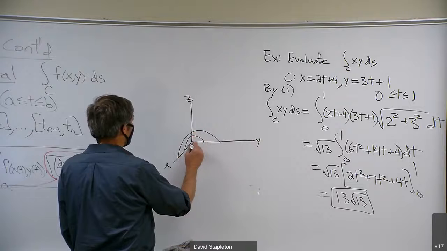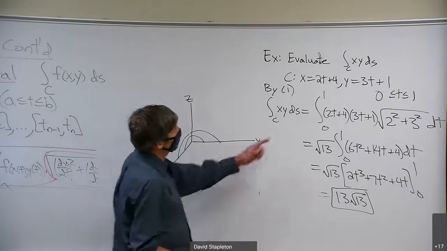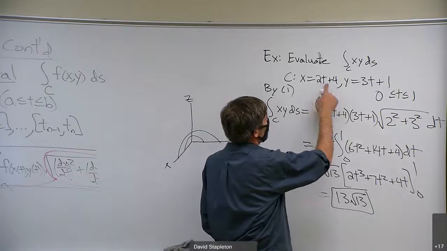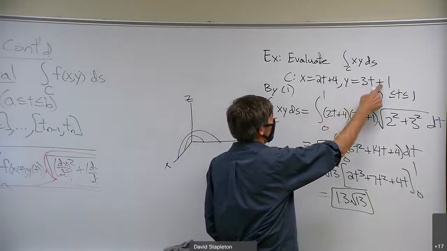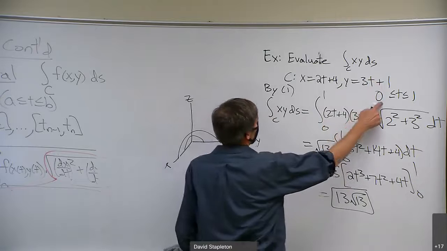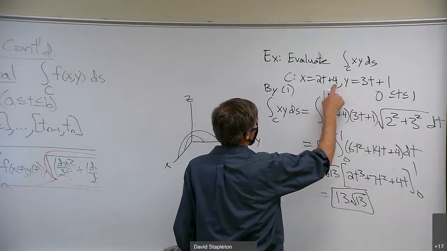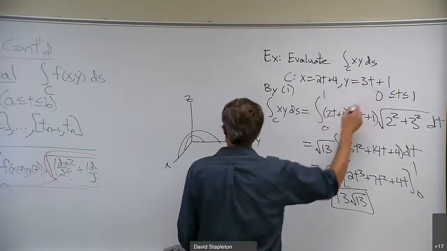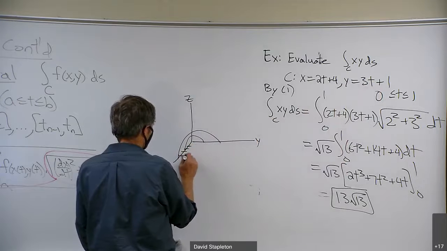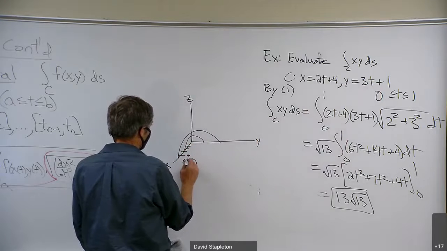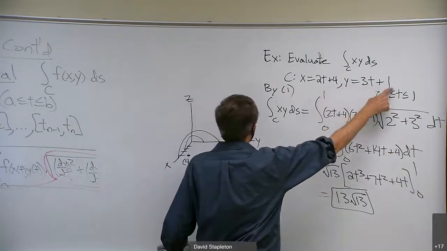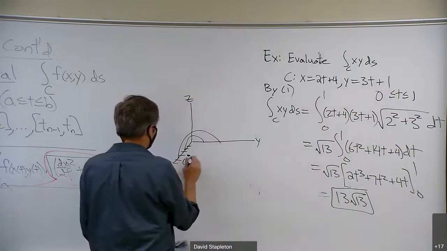As t goes from 0 to 1, this is a line, right? If x is a linear function, at plus b, and y is a linear function, ct plus d, then this is sweeping out a line. By plugging in t equals 0, you get x equals 0 plus 4 is 4, 0 plus 1 is 1. So it starts at (4, 1) in the xy plane, and it ends when t equals 1, 6 plus 4, so it's (6, 4).